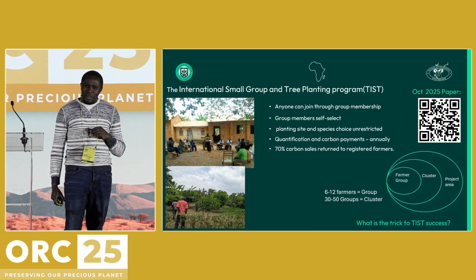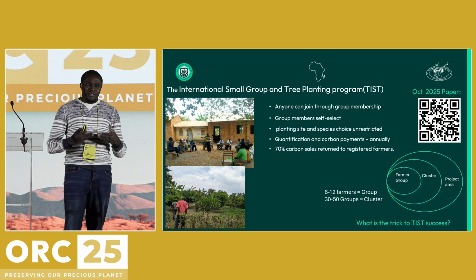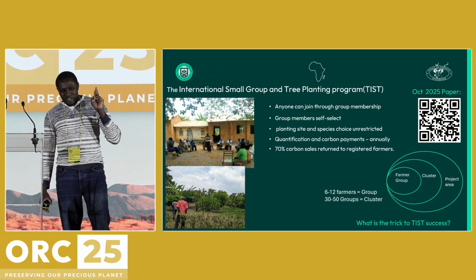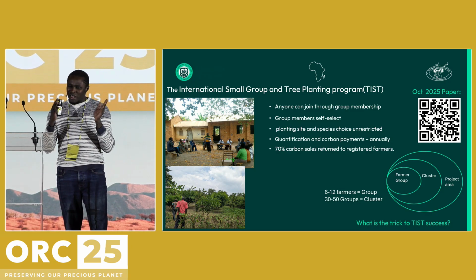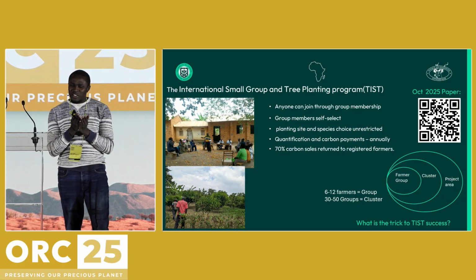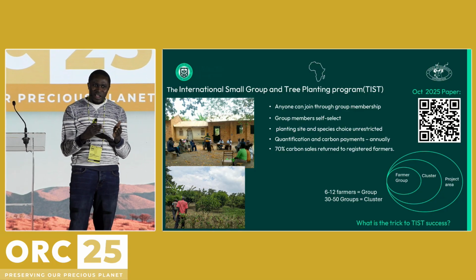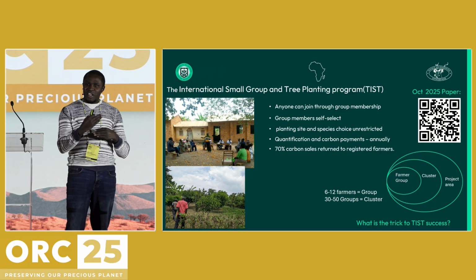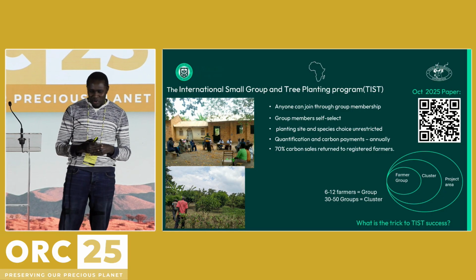Now, of course, the logical place to start questioning why this program is so successful is the design of the program itself. Basically, it's built around smallholder farmers forming groups of 6 to 12, and then 30 to 50 groups form a cluster coordinated by a cluster servant, and that's basically an extension worker within the program.